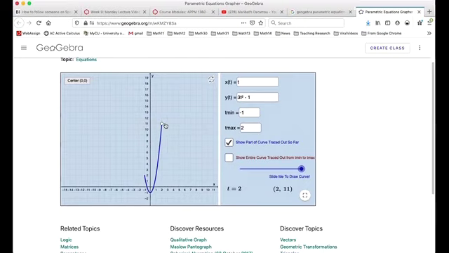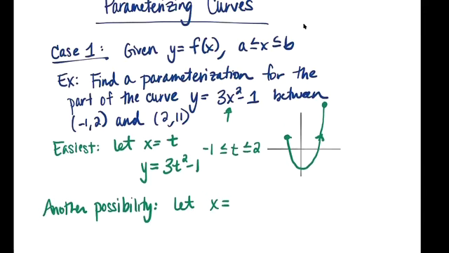But what if I asked you to come up with a different parameterization for the same curve? So let's talk about an easy way to do that. Okay, so if I need another parameterization, maybe I want the bug to be moving faster. So I could say, well, let's let x be 2t instead. And then in that case, y is going to be, everywhere there's an x, I'm just replacing it with 2t, because I still want to trace out this exact same parabola. So now I'm going to get y is equal to 12t squared minus 1.